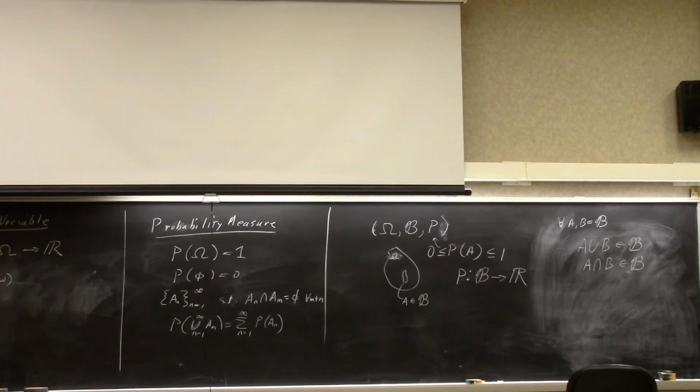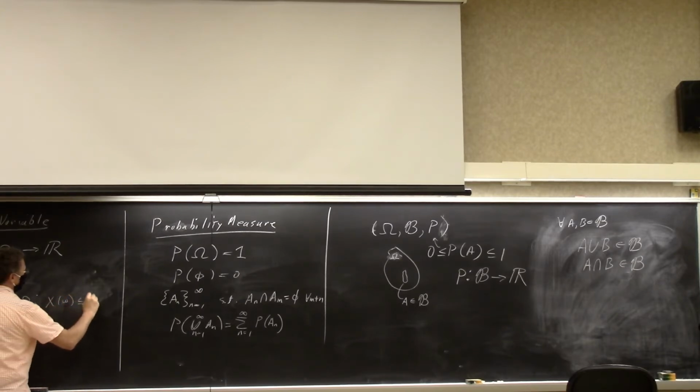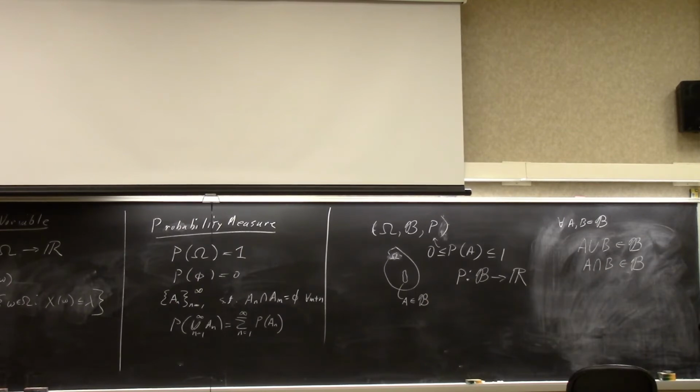But now what happens is that you can define events. So I can define the event A, which is the set of omega, a member of Omega, such that, say, X of omega is less than or equal to lambda. So that's a set in the probability space. Then you can ask yourself, what's the probability of that event?